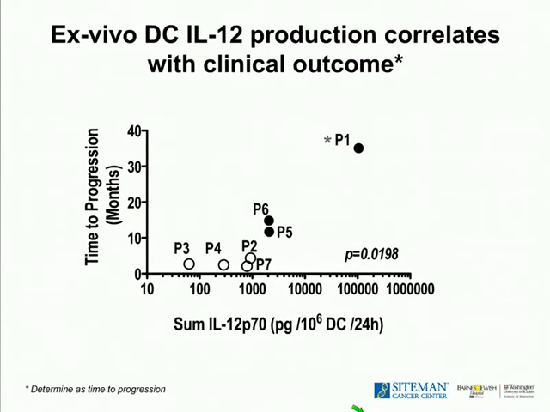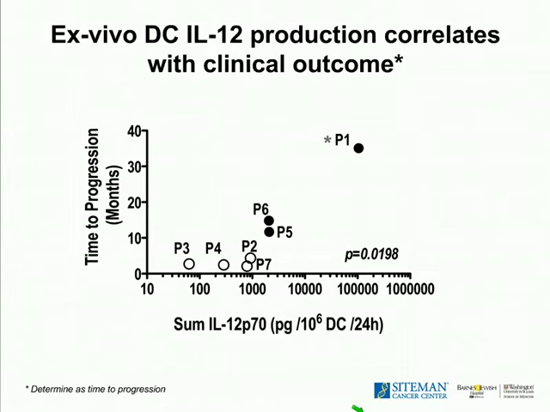One of the things we did was look at IL-12 production by the vaccine. So the vaccine is made in vitro. The cells are matured, and then the supernatants are collected to look at IL-12 production before the cells are given back to the patient.